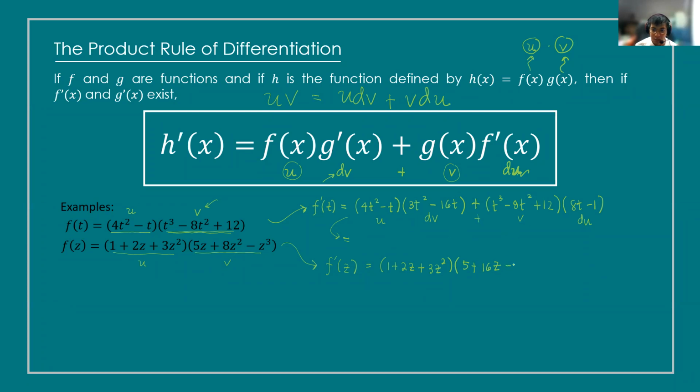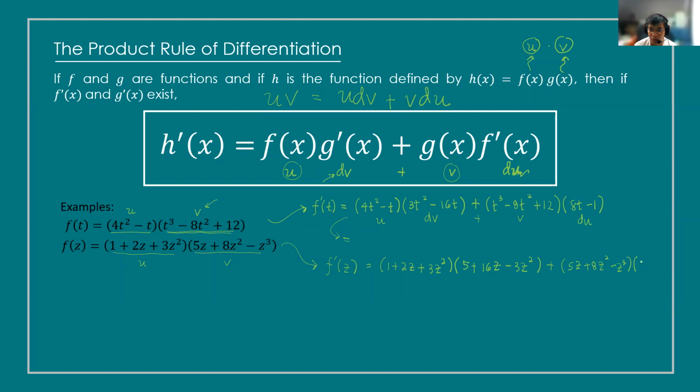And then the last one is minus 3z squared. So plus v du. That would be the second term. So write first the v variable: 5z plus 8z squared minus z cubed, then multiplied by the derivative of the first factor, which is the u parameter.